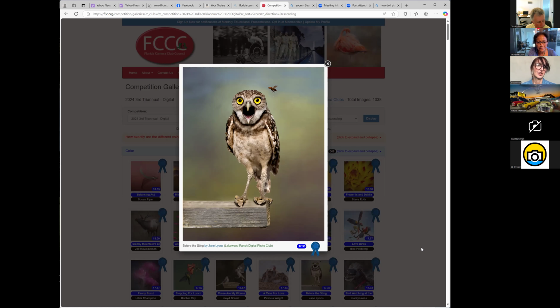By the way, I wanted to say that the Florida Camera Club Council over the years has gotten a lot of feedback that they're too biased towards animals. And I think they finally got it. The color category has now been split into animals and color. So if you were to submit your photo in this quarter, the color category is not animals.